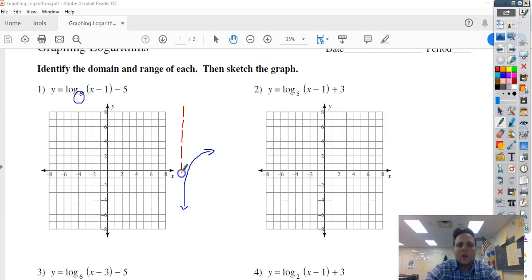Now let me ask you a question. Let's check some trivia here. What is the location of the exponential's horizontal asymptote usually? Usually it's right here at y equals 0, right? So where is the logarithmic's vertical asymptote?